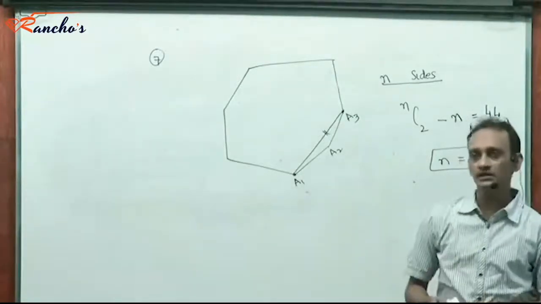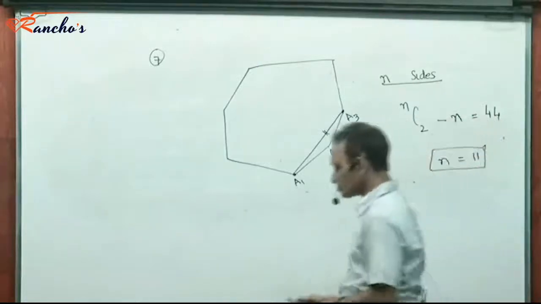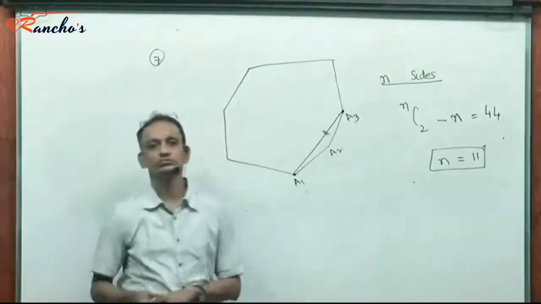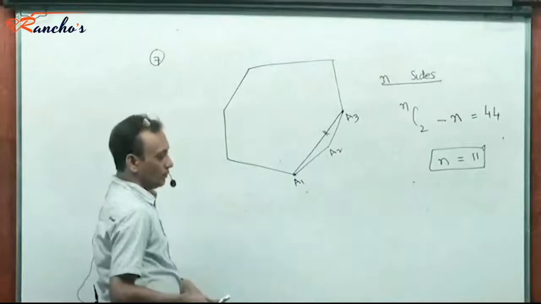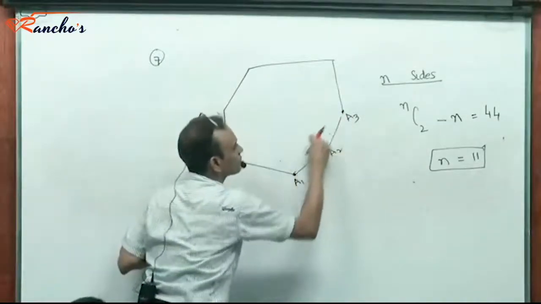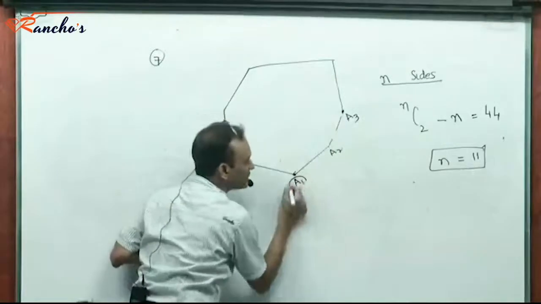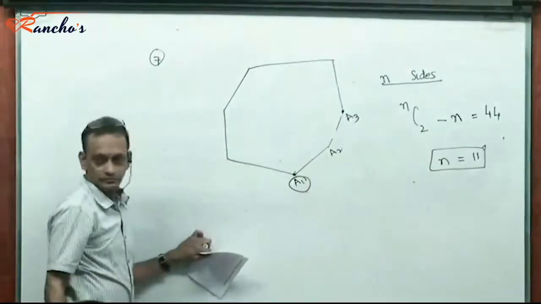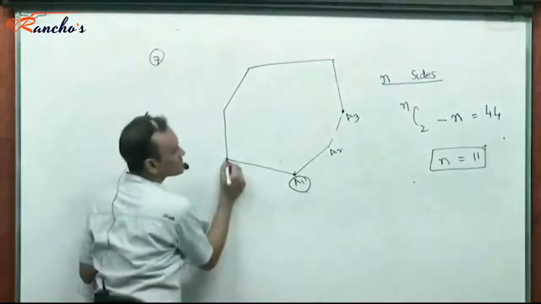The other way you can look at it is, you select any vertex, say vertex A1. This is vertex AN.